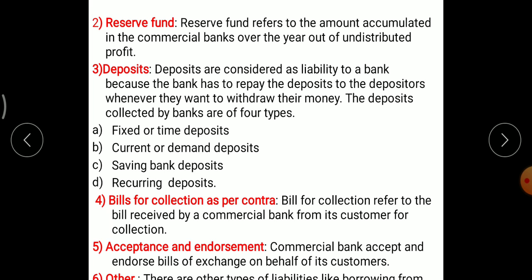The bank can use the fund during a period of business loss or other critical times. A reserve fund safeguards the interest of the bank in a time of stress and strain.